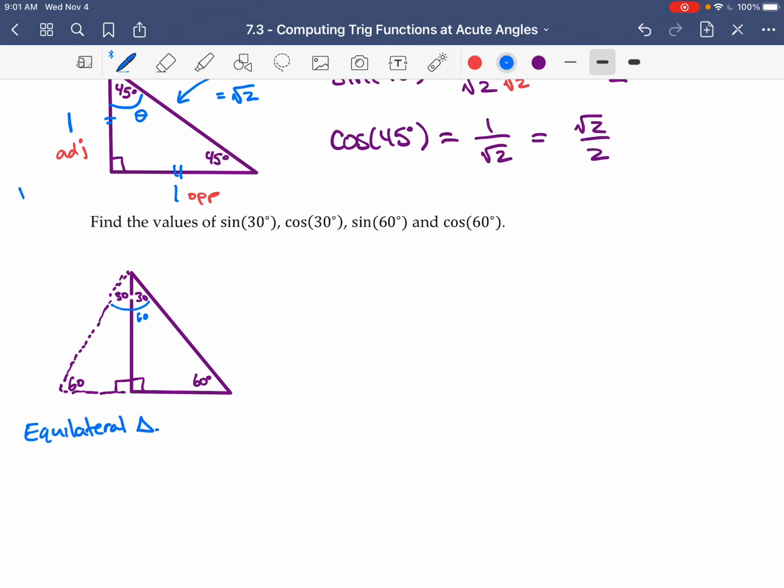I should write that the previous one was isosceles. An equilateral triangle has all side lengths the same. So this length equals this length, which is equal to that length. Again, you could pick anything you want. I'm going to pick them to have length 2.